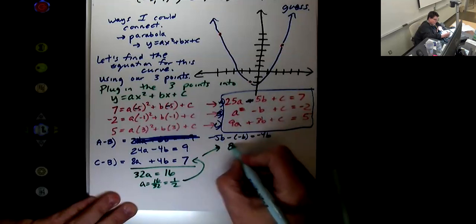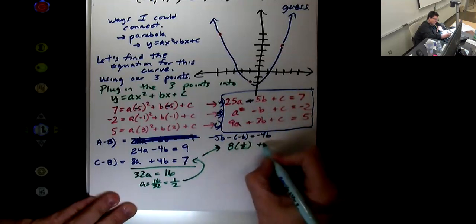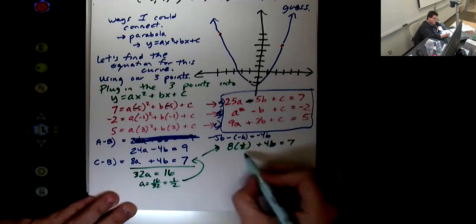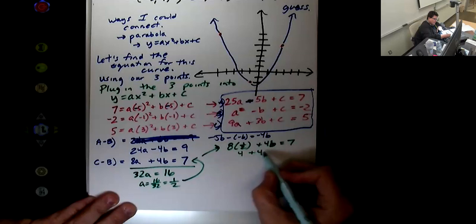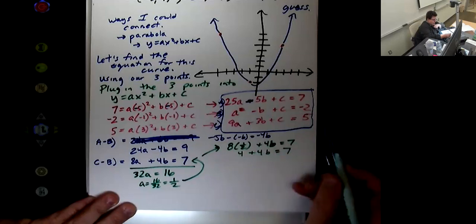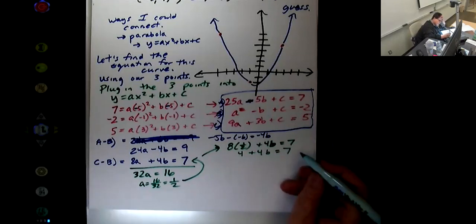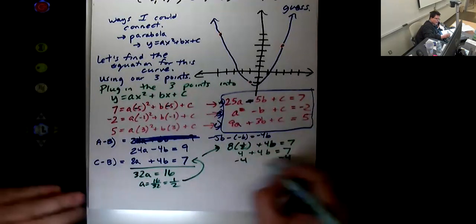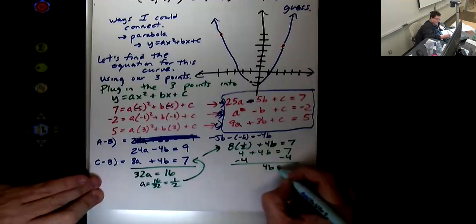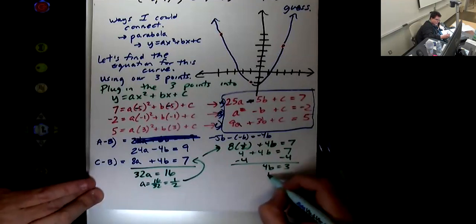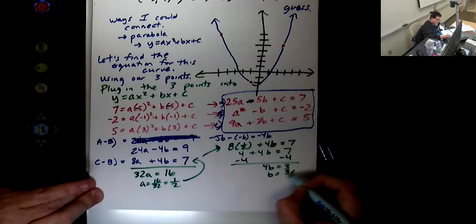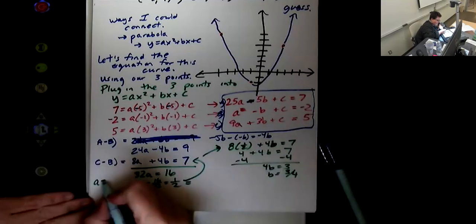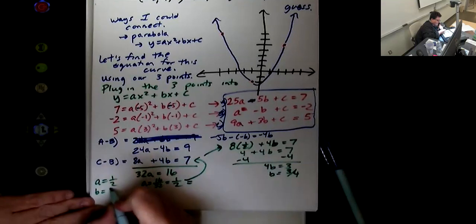We've got 8 times 1/2 plus 4b equals 7. So that's 4 plus 4b equals 7. Subtract 4, and I get 4b equals 3. Divide by 4, and I get b equals 3/4. So a equals 1/2, b equals 3/4.